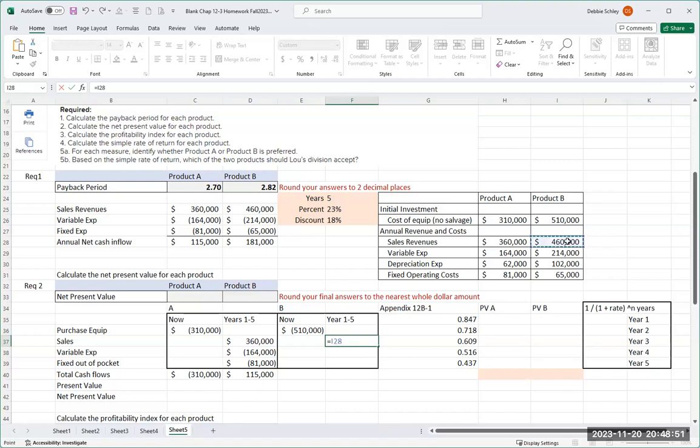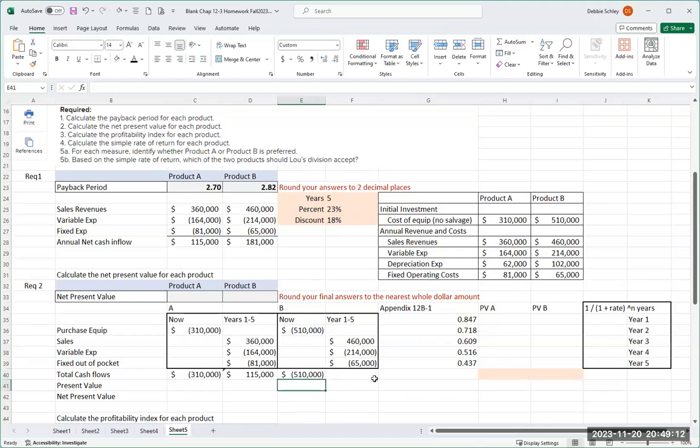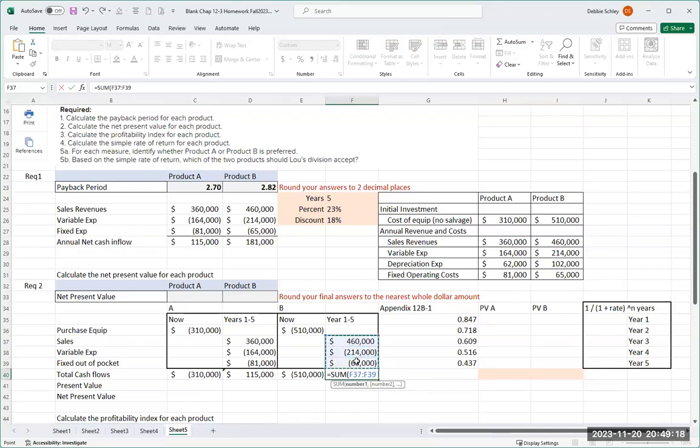So my sales revenue for B equals a negative variable expenses equals a negative fixed cost. And then my total cash flows, sum those numbers.